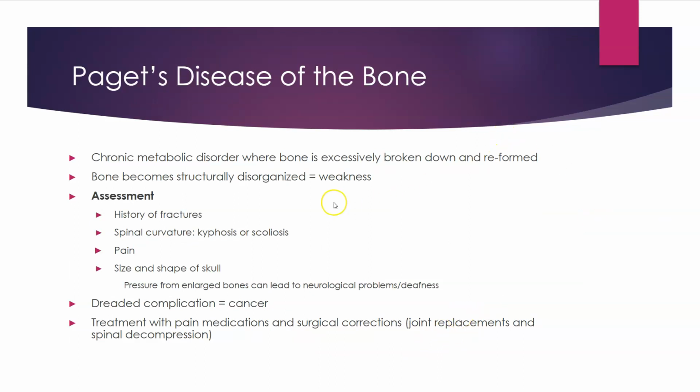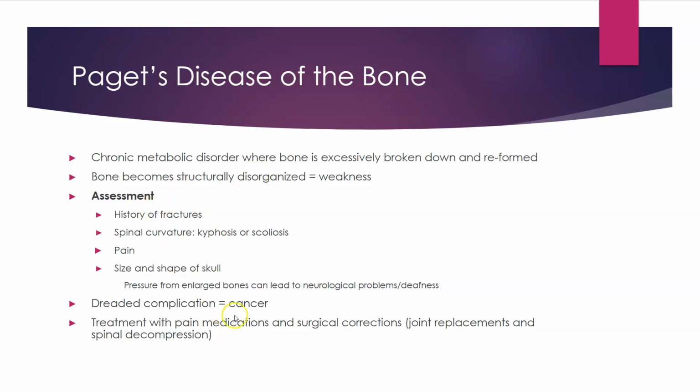Paget's disease, so this is a chronic metabolic disorder where you're constantly breaking down your bone and reforming it. And so with this, the bone density is impacted because it's building so rapidly that it just doesn't do it correctly, and so it's going to lead to weakness. And so these patients might have a history of fractures, might have a curvature of their spine, they're going to have pain, and even their skull, because that gets remodeled as well, and you're going to have abnormal size and shape of that.